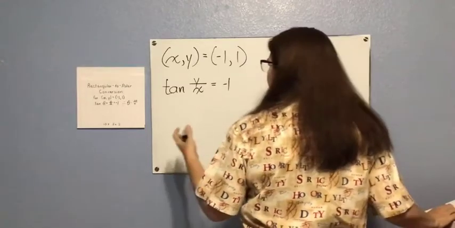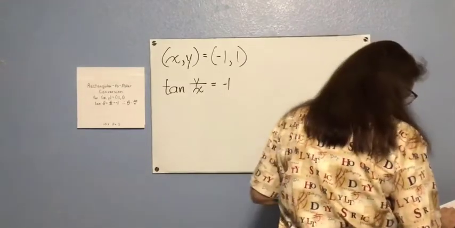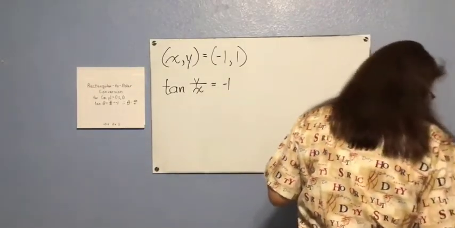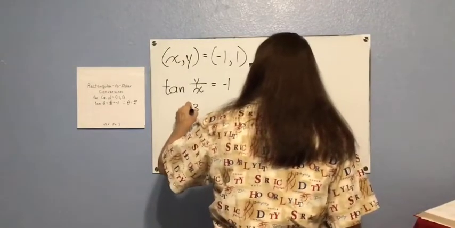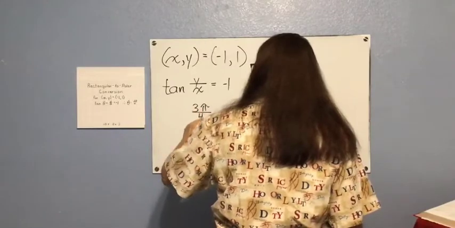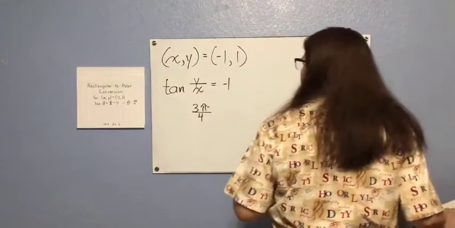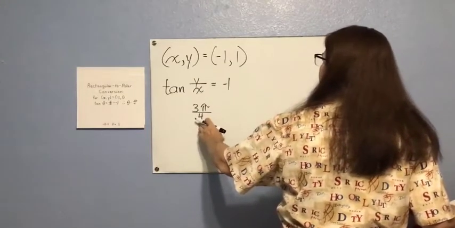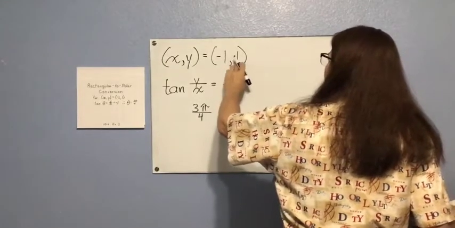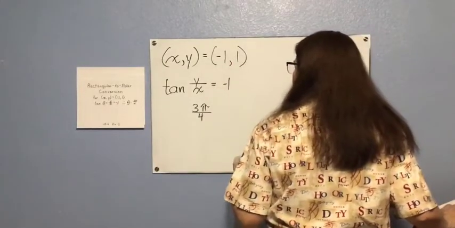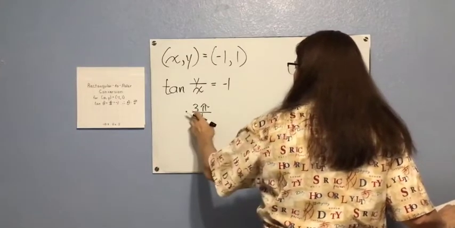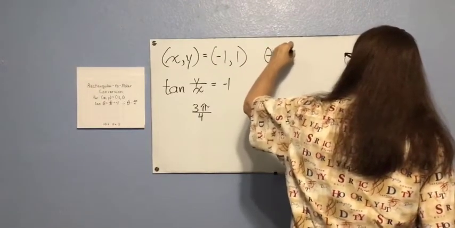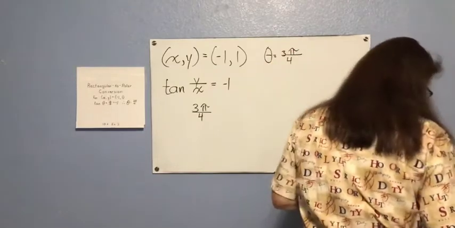Okay, so what angle theta is going to give me a tangent of -1? Remember your unit circle, and the angle 3 pi over 4 has a tangent of -1. There are other angles that have that same tangent, but we chose this one because in rectangular coordinates, -1, 1 is in the second quadrant. So we want our answer also to be in the second quadrant, which goes with 3 pi over 4. So we know that theta is 3 pi over 4.